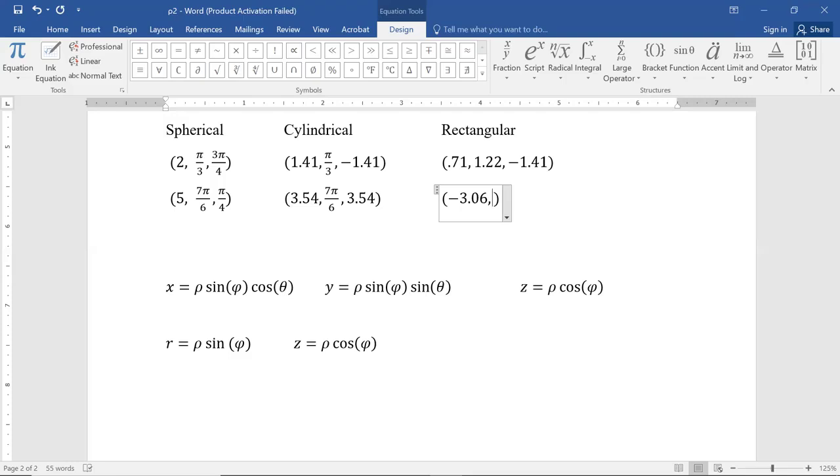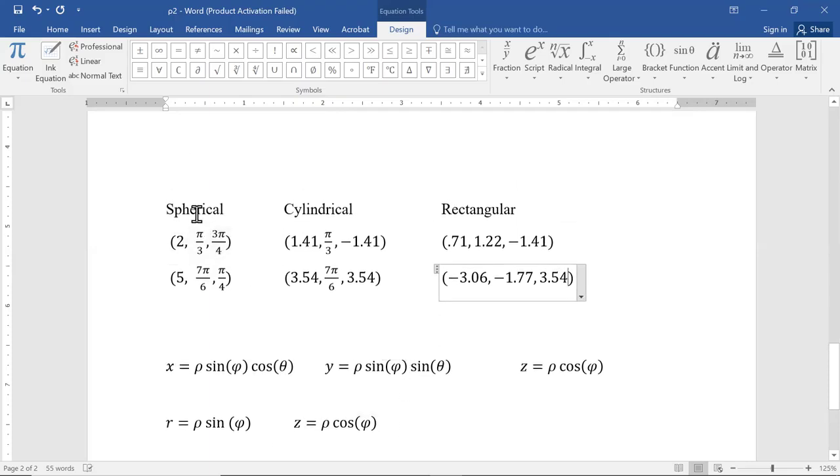And I get approximately negative 1.77 for my y value. And then the z value, once again, is going to be 5 times cosine of pi over 4, which is approximately 3.54. So we can use these conversion formulas to go from spherical to cylindrical to rectangular, to go from rectangular to spherical, to go from cylindrical to spherical.